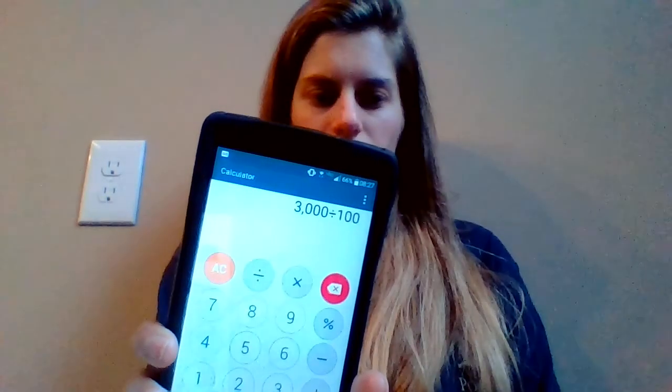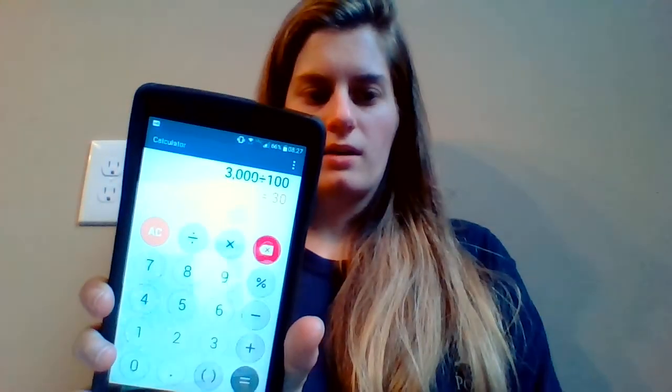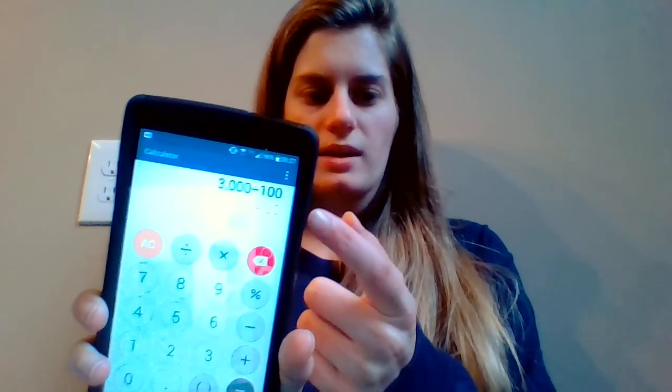So, next one, 3,000 meters per 100 minutes. That's simple. All we got to do is 3,000 divided by 100. Equals 30. You can't really see it, but it equals 30 meters per minute. Simple, right? Last one is 40 inches per 1 hour.